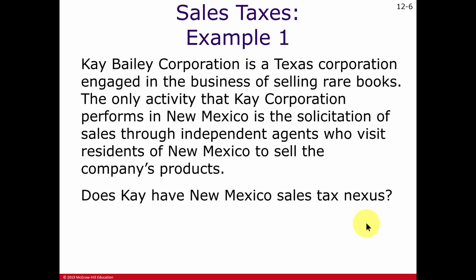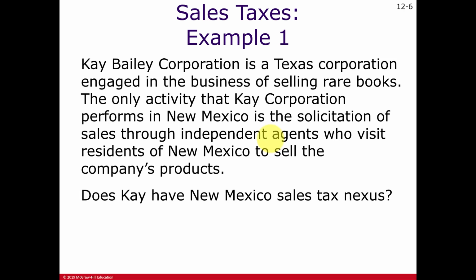So let's look at this example where we have K. Bailey Corporation that's in Texas, so that's their domicile. They sell rare books, and they also have activity in New Mexico. And the only thing they do is solicit sales through a so-called independent agent. This independent agent is not an employee of K. Bailey Corporation, but acts only as an agent. And they could be agents for other businesses.